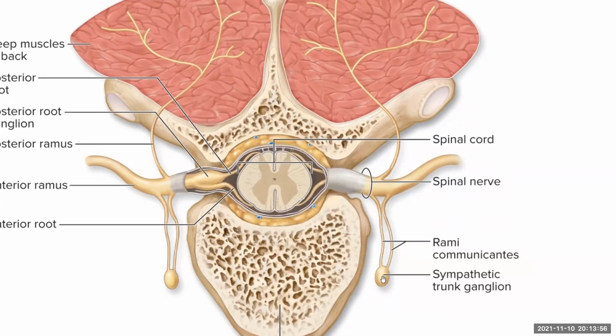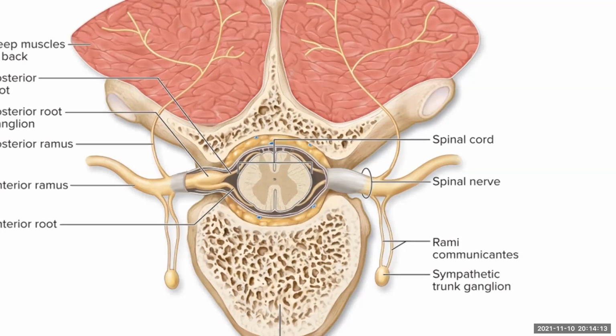Then the gray rami communicantes is going to be the exit ramp. That's going to carry the postganglionic axons from the sympathetic trunk back into the spinal nerve or somewhere else, okay?